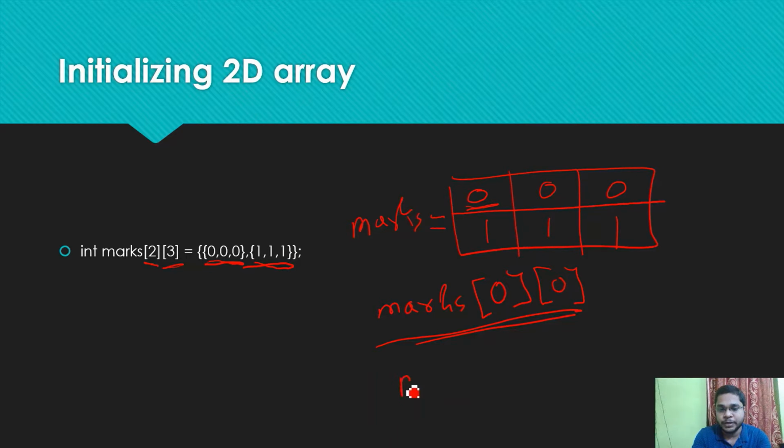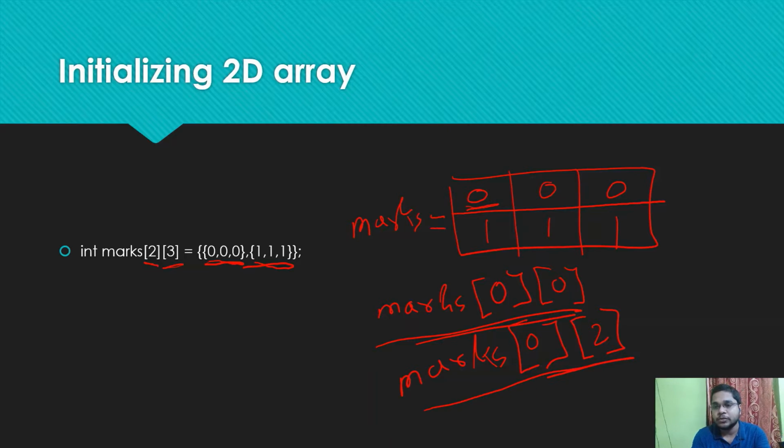If you want to print marks of 0, let it be 2. So what is the output? This also outputs 0, because the position 0 of 2 means the 0 index row and the 2 index column, then this value will be retrieved.